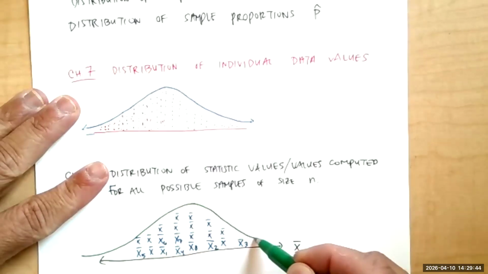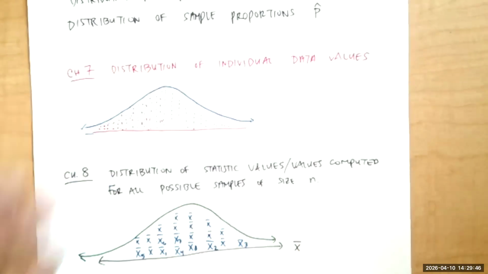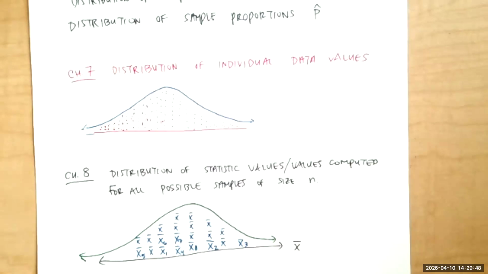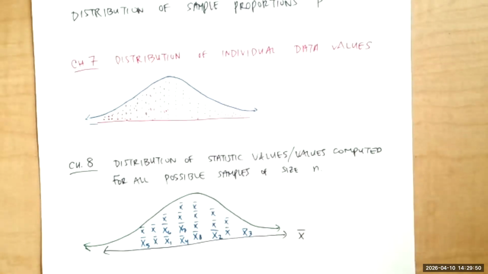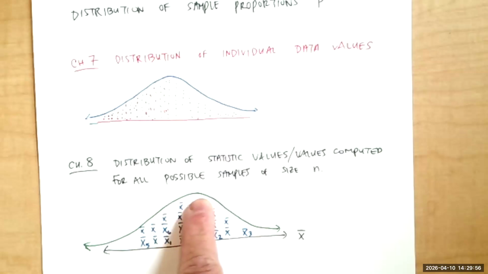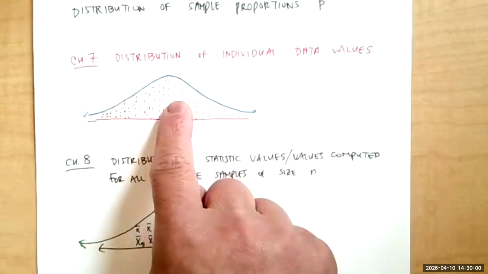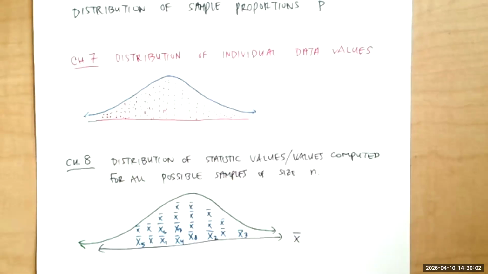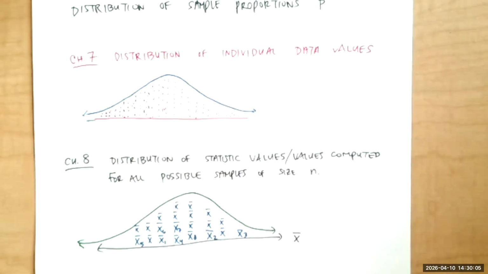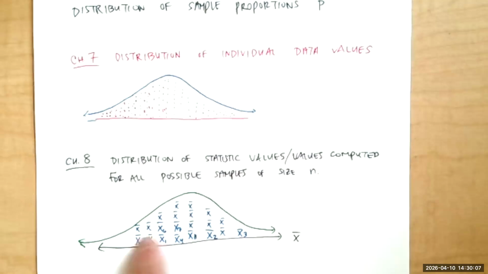that hopefully, depending on some characteristics discussed in this chapter 8 discussion, if our sample size is bigger than 30, then we can assume that that sampling distribution will be normally distributed. Likewise, if the original population was normally distributed, then the distribution of these sample values would also be normally distributed. So it shares that same shape.